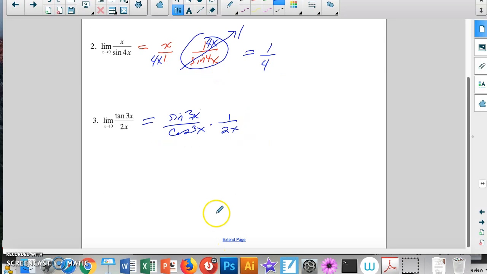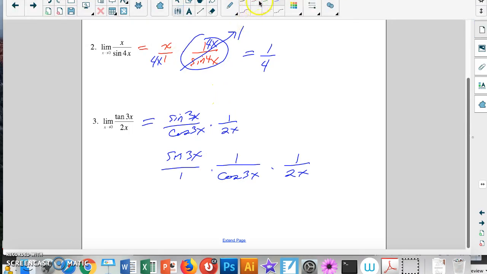Okay, so far. So let's split them all up. So we've got sine of 3x over 1 over cosine of 3x, and a 1 over 2x. Okay, so I didn't change the value. I just split everything up, moved it around a little bit.